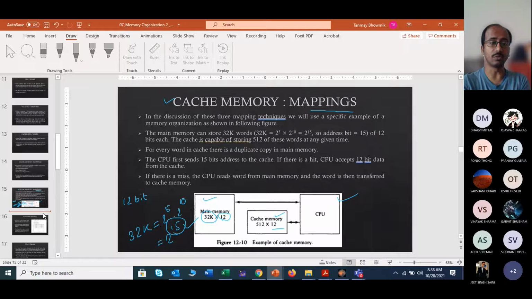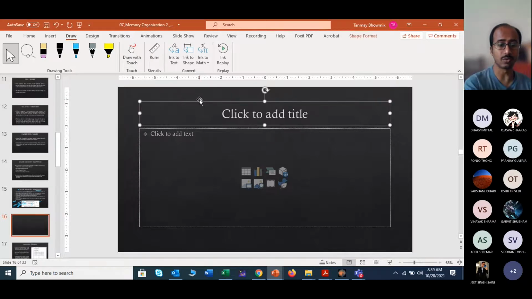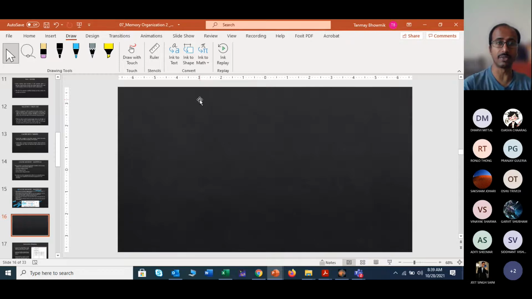And from where did we take this concept? Initially we were discussing that when calculating the address lines, we first took some short examples. If you have locations varying from 000 to 111, how many total locations are possible in this range?